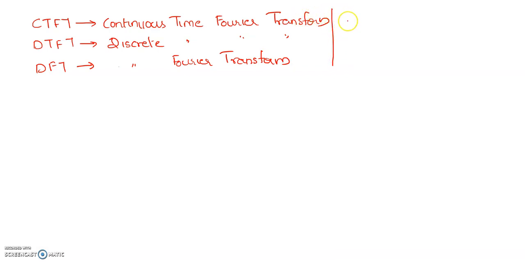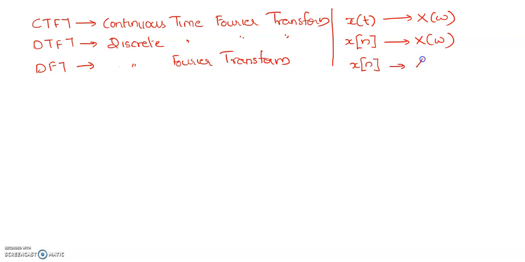In CTFT, x of t represents a continuous signal, and it will be converted into x of omega. DTFT will take x of n, the discrete time signal, and convert it to x of omega, and DFT will take x of n and convert it to x of k.